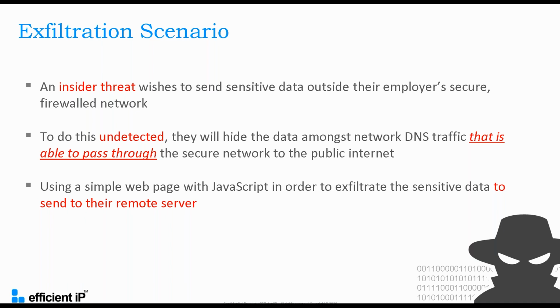It needs to be undetected, so they'll do this by hiding their activity amongst the DNS traffic, because that traffic is able to pass through to the secure public internet without restriction. The method needs to be simple. It can't be anything complex or that requires installation or unpackaging or deployment.